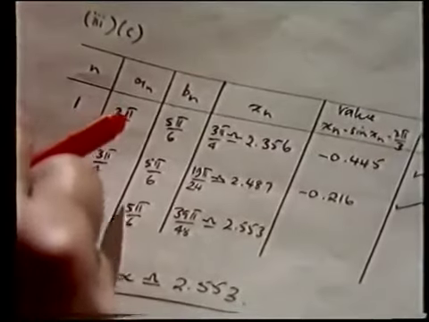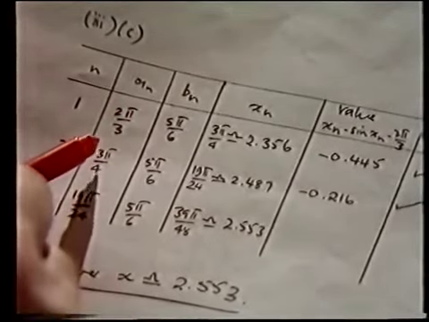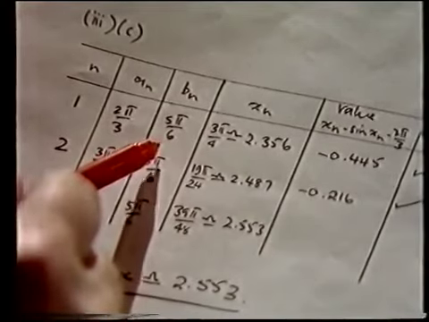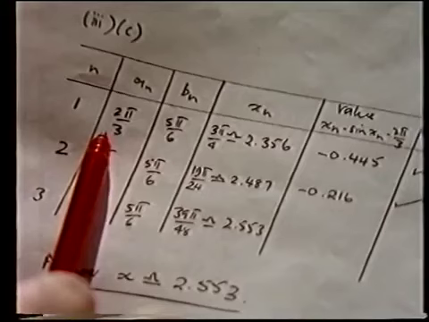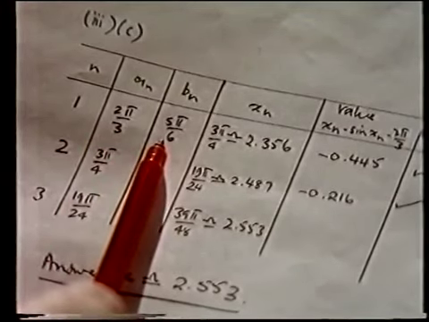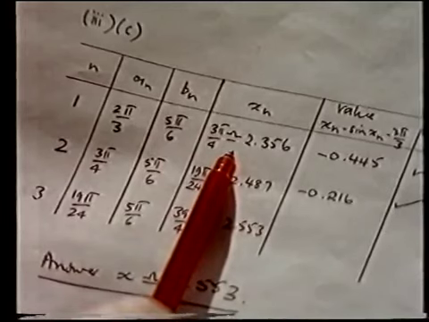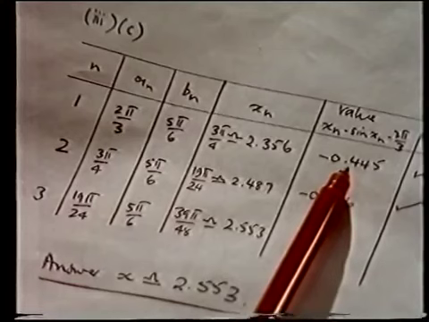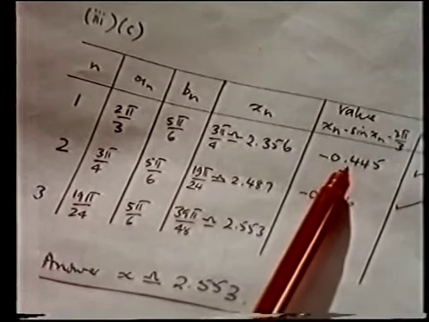All right, let's see how it works in practice by looking at this solution. Here's the student who's chosen a1 as 2 pi over 3, and b1 as 5 pi over 6. Remember that the function was negative at a1 and positive at b1. x1, the first approximation, is the midpoint, and the value of the function at that midpoint turns out to be minus 0.445.